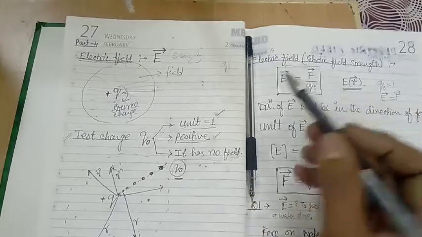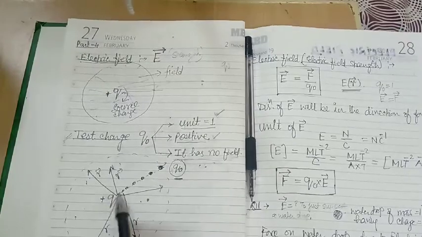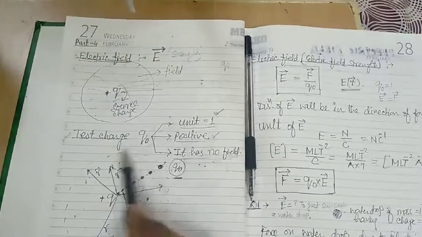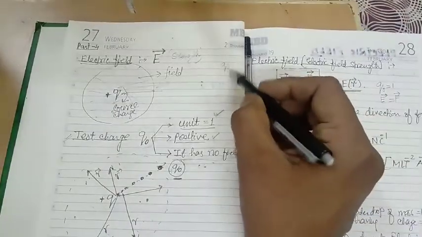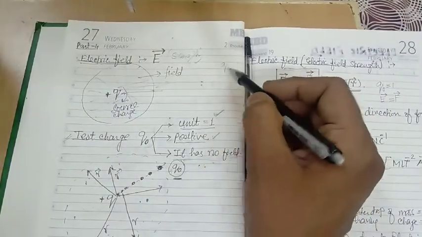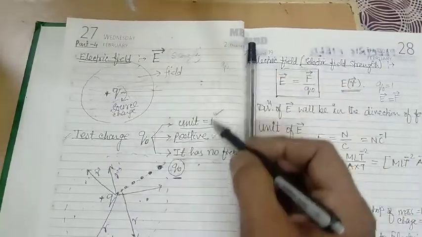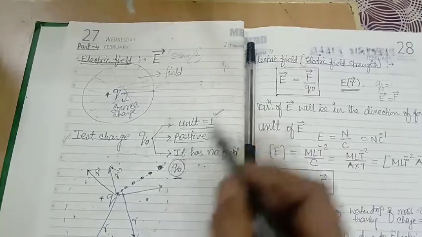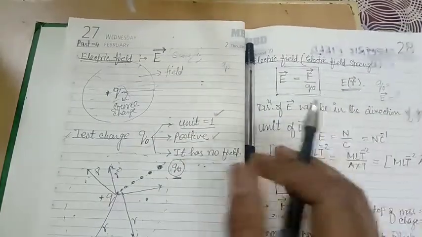So what happens when we place a source charge Q? It will create its own field. And if we bring a test charge Q naught from a certain place near to it, we see that up to this place Q naught experiences no repulsion, no attraction.